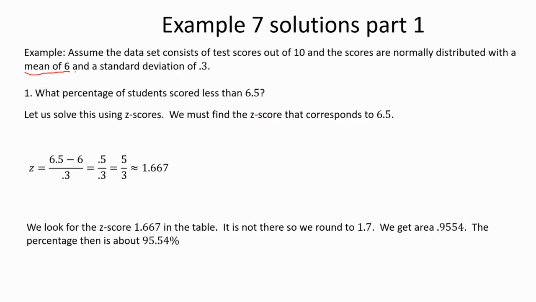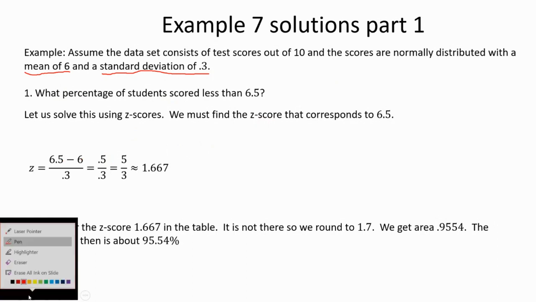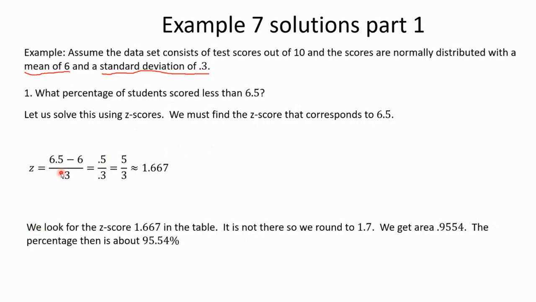Here's the mean, 6, and we have the standard deviation. The data value minus the mean, divided by the standard deviation, is equal to 0.5 over 0.3. I wrote it as 5 over 3, but you could just use a calculator. You get about 1.667.